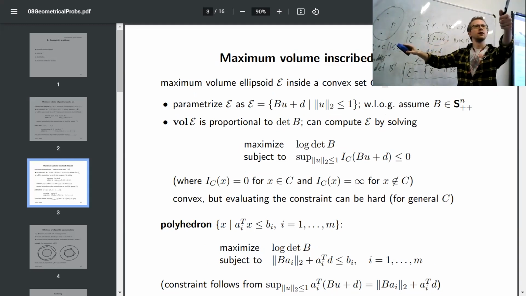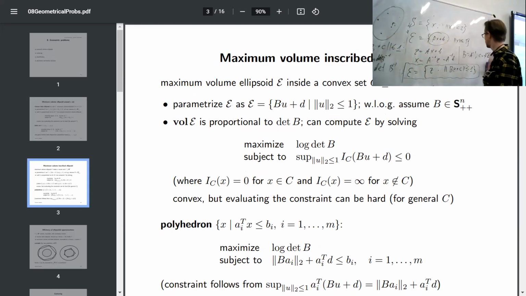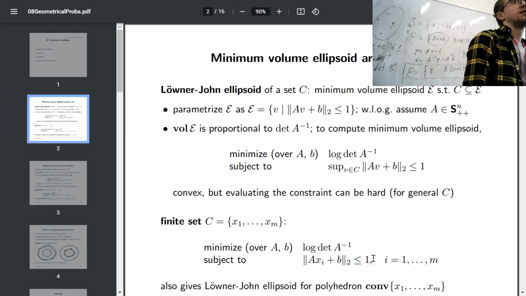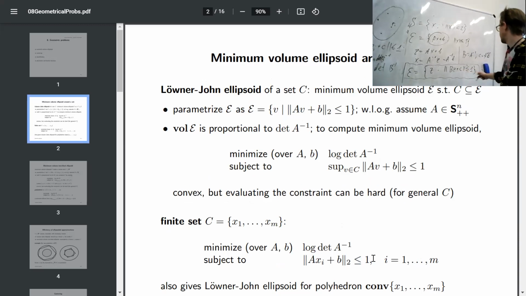Yes. Why is this then equal? Why 1? Where? In the constraint. Why is this less than or equal instead of less than? Why from this constraint? Because it's a description of the ellipsoid.